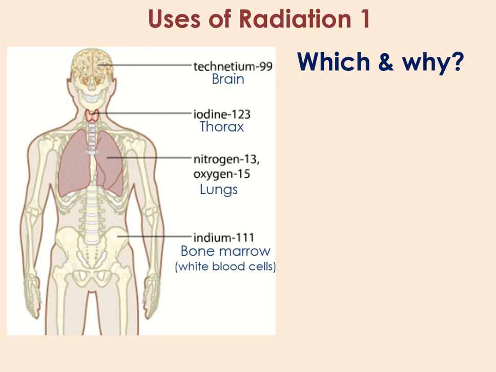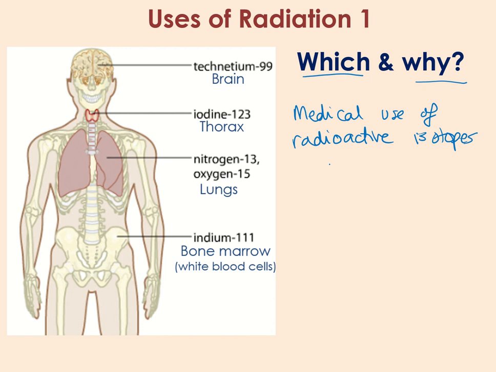Okay, so with this picture, what I'm going to try and bring out in each example is which type of radiation we would use and why. This picture is trying to represent the medical uses of radioactive isotopes, sometimes shortened to radioisotopes.